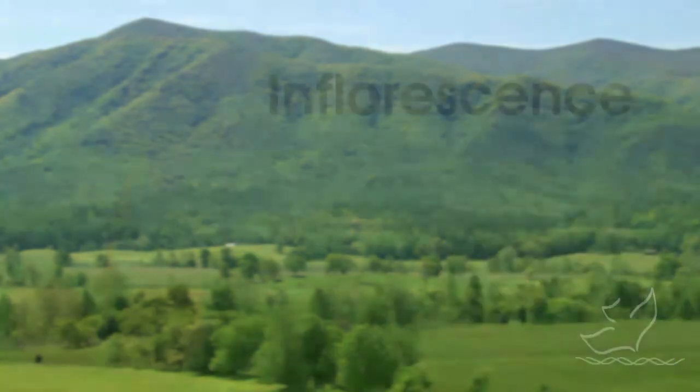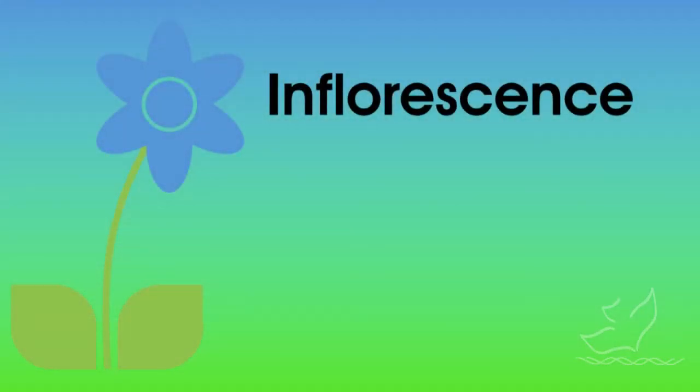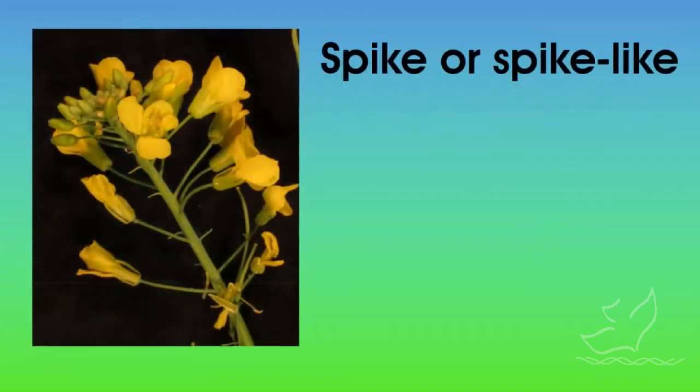Now let's go on to inflorescences. Inflorescences are basically just the flower clusters, how they occur on the stem or branches of stems. So the first type of inflorescence we want to look at is spike and spike-like.